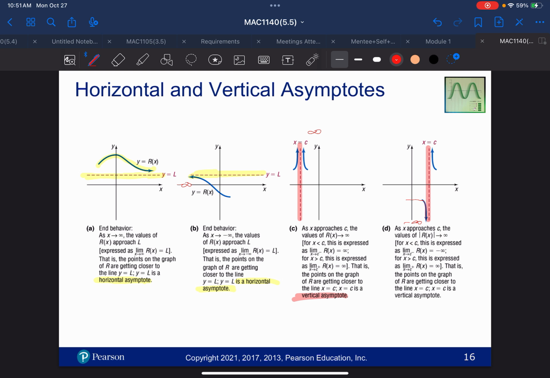But if I look from the right, as it approaches c, this function is approaching positive infinity. It's going up. So sometimes the vertical asymptotes can cause your function to go towards positive infinity and negative infinity on either side. And sometimes they can both go to positive infinity on both sides of the vertical asymptote.